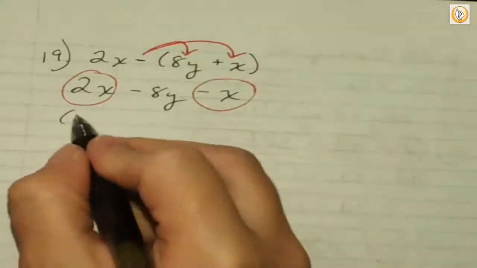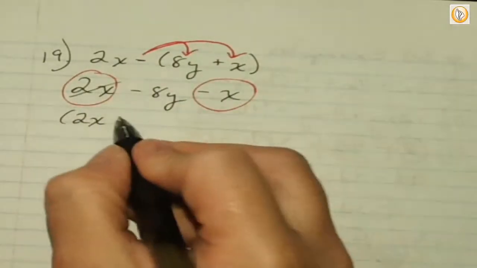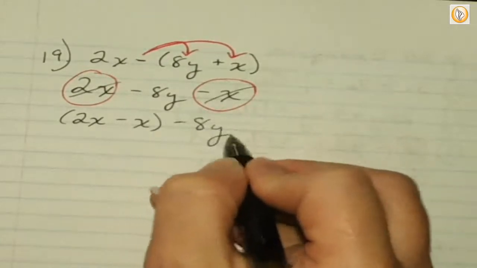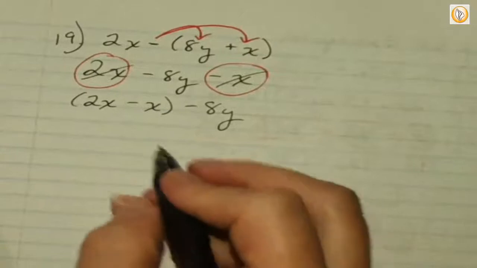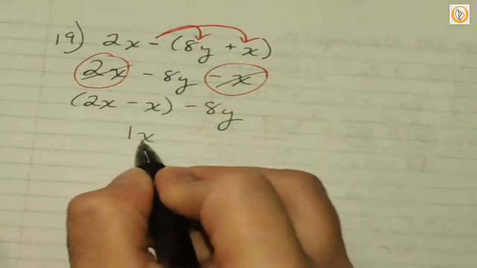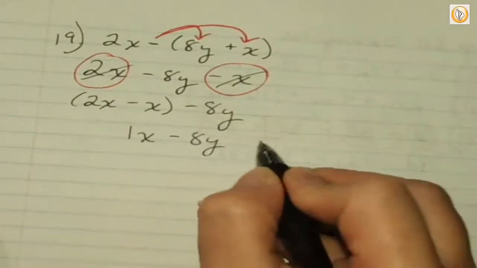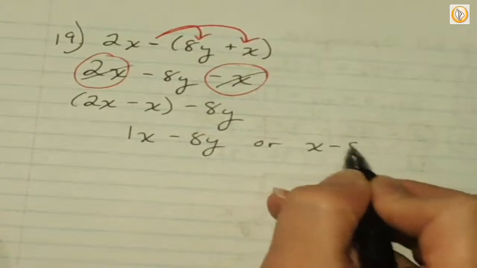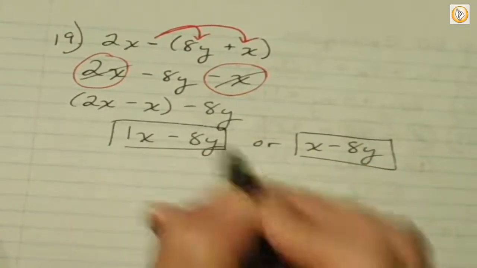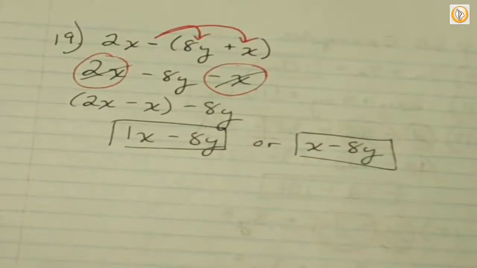So then I have 2x, cross it out, minus x, cross it out, minus 8y. So what's 2x minus x, Cecilia? 1x. Minus 8y. Or you can say x minus 8y. Either one. Good job. Any questions?